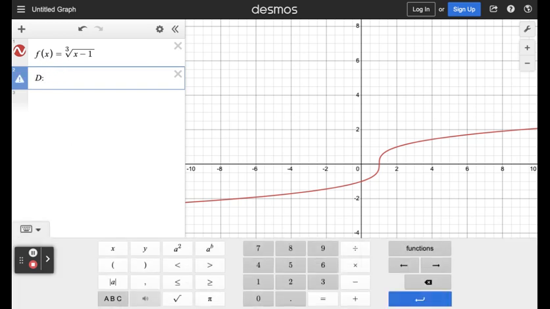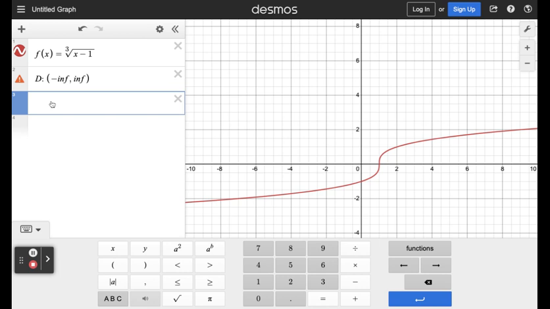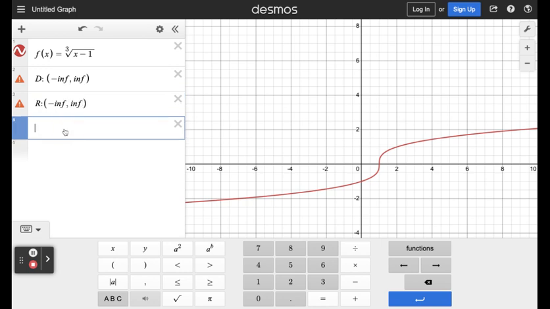All right. Okay, so the domain is going to be negative infinity to infinity because it goes to the left and right forever. The range is also going to be negative infinity to infinity because it goes up and down forever.